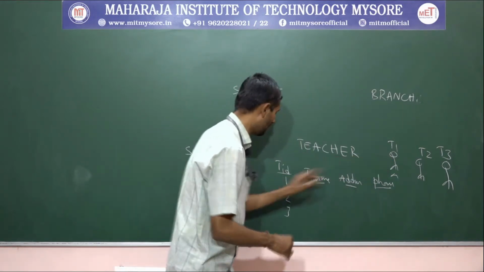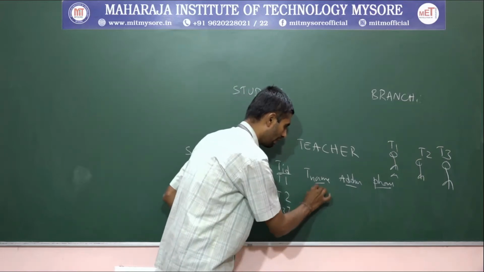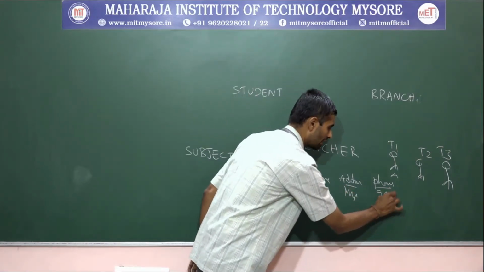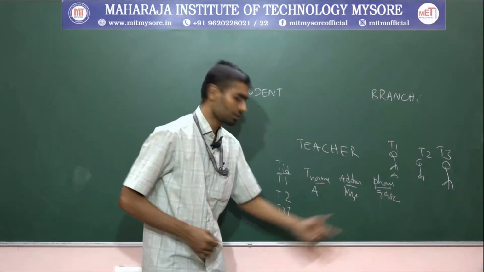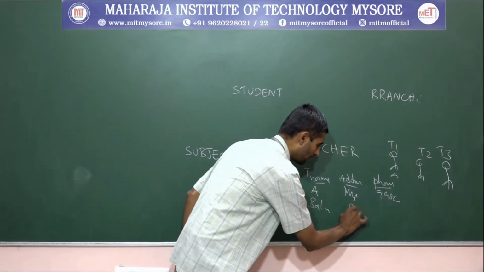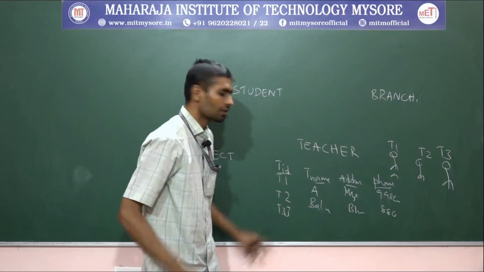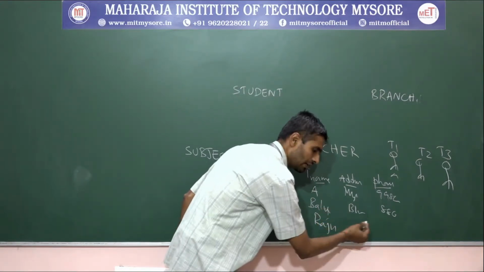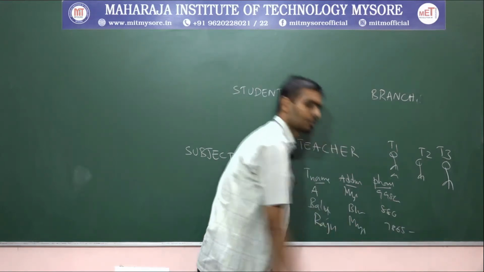Teacher T1 will enter teacher ID T1, name as some A, address as Mysore, then phone number 9986 something. Then teacher T2 says, I also have an ID, name and address. He also fills in the data: Balu, Bangalore, 886 something. Then teacher T3, whose name is Raju, enters Mysore, then a phone number 7865 something.